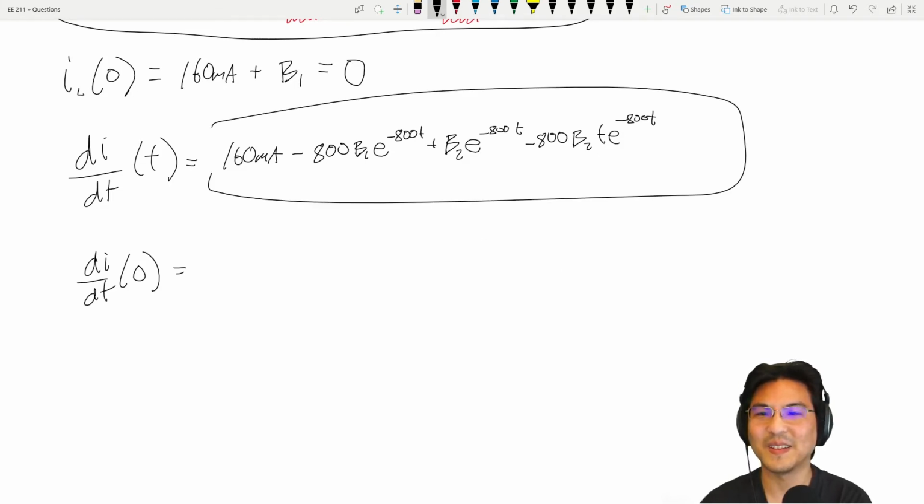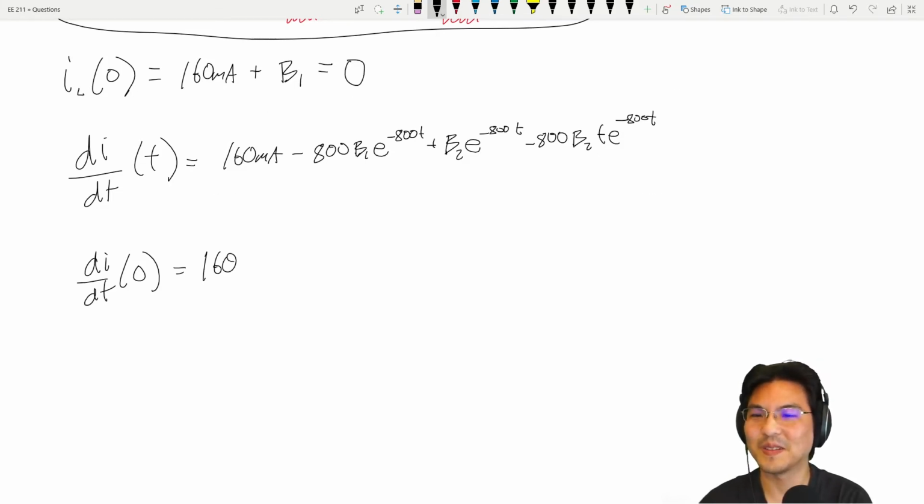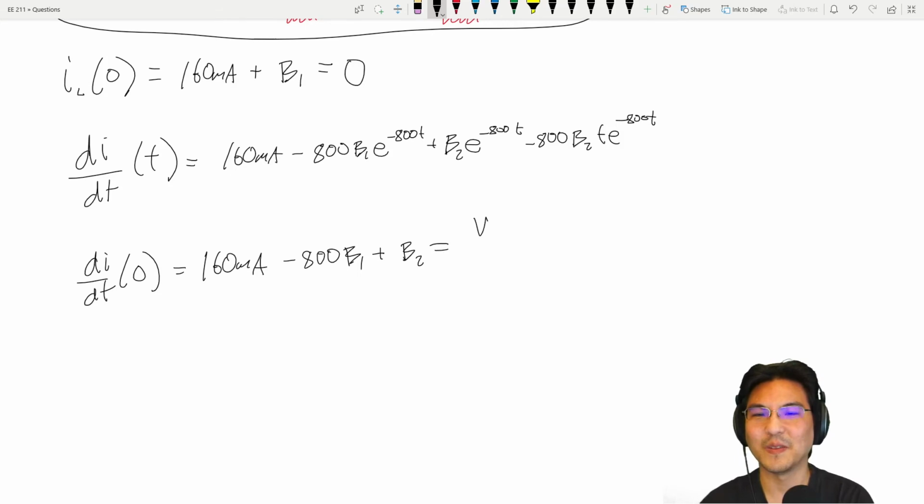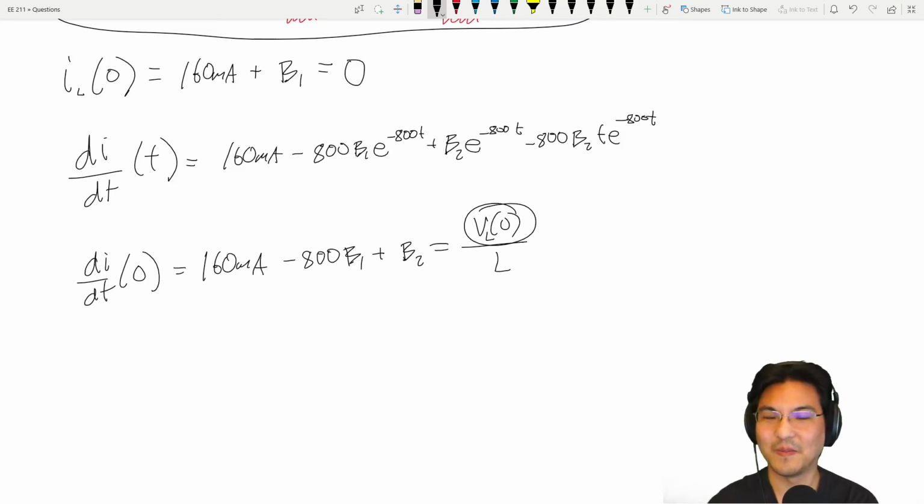So this at t equal to 0: 160 milliamps minus 800 B1 e to the 0 plus B2 e to the 0 plus, that's 0, equals V for the inductor over L, and that was 20.